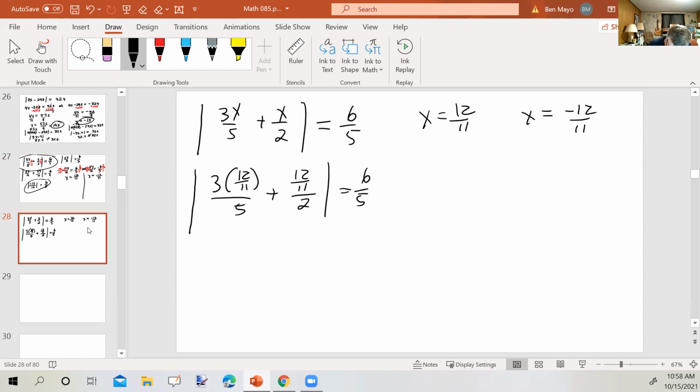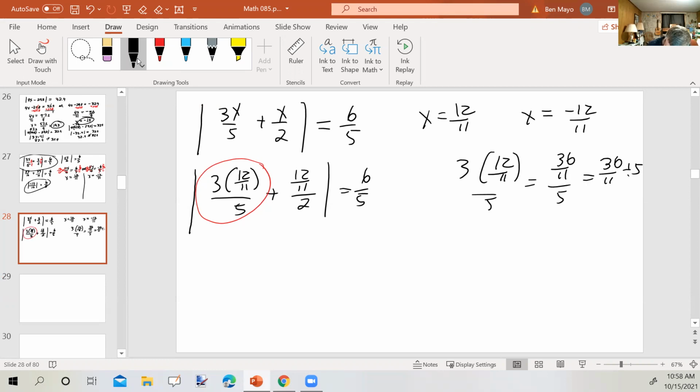Okay. So then what have I got? Well, let's take this piece right here. 3 times 12/11 over 5 would be 36/11 over 5, which is 36/11 divided by 5, which is 36/11 times 1/5, which would be 36/55.